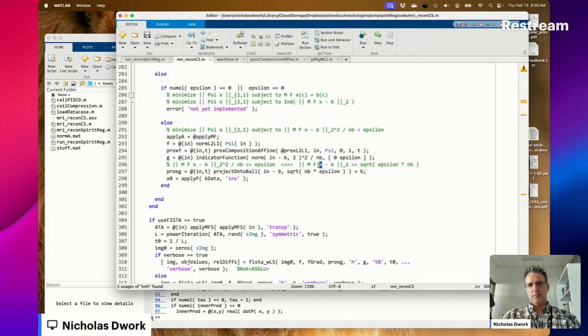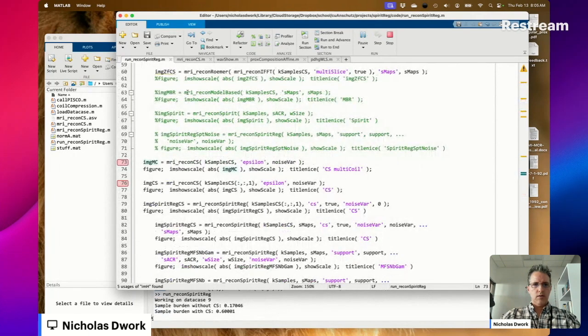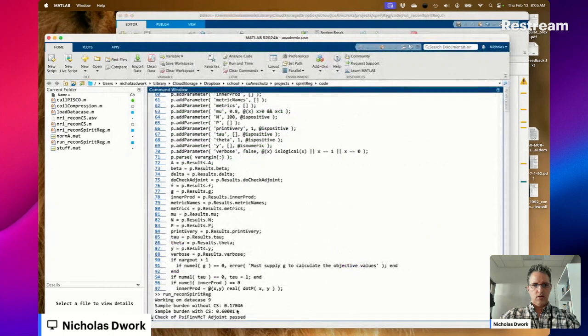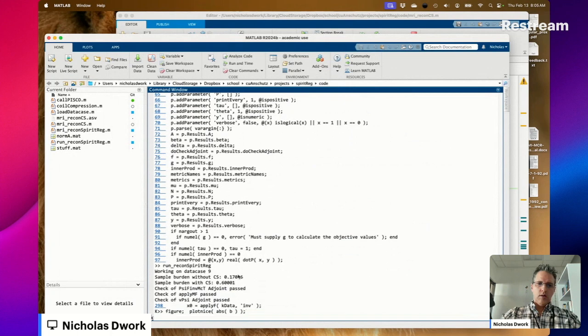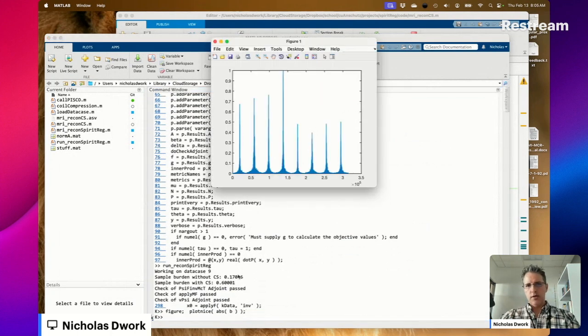So here X is multiple images. What's with B? Is B 0? No?